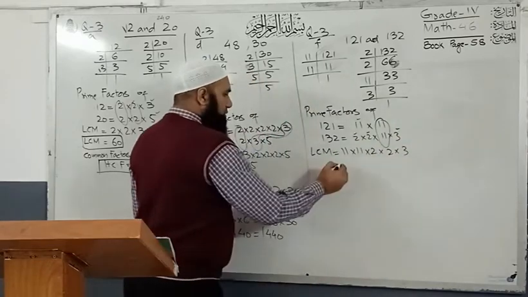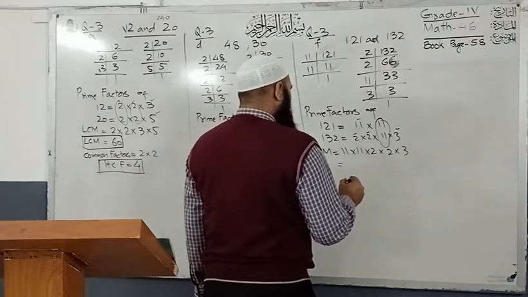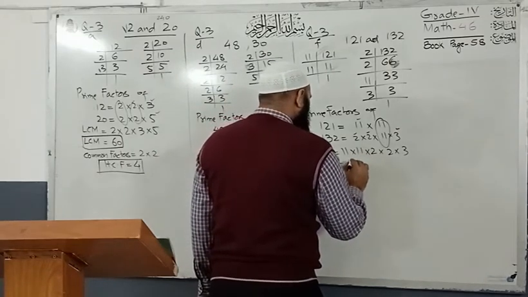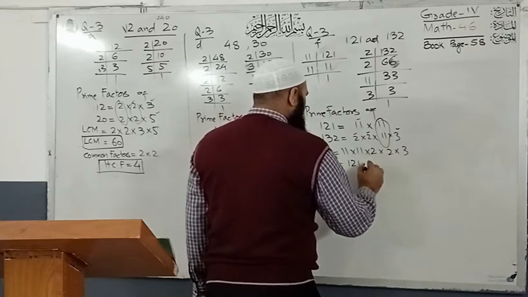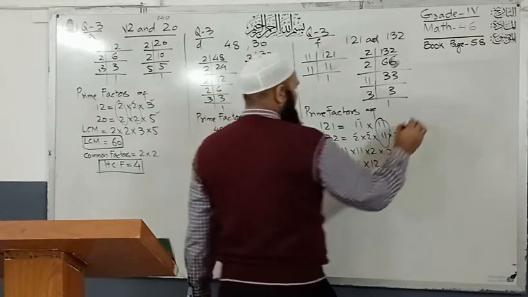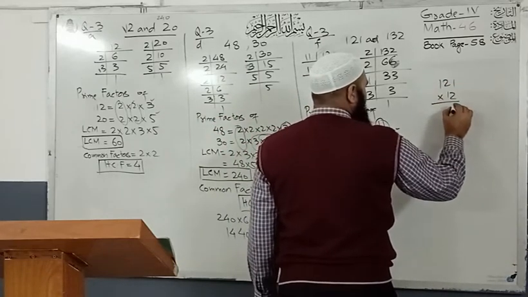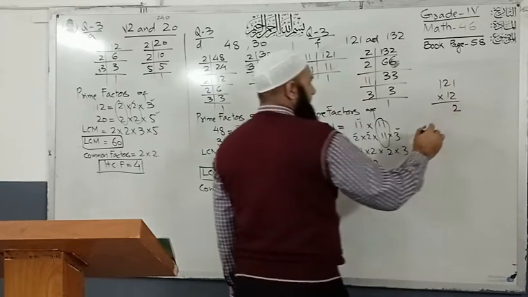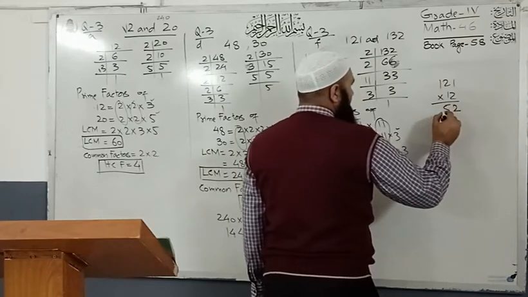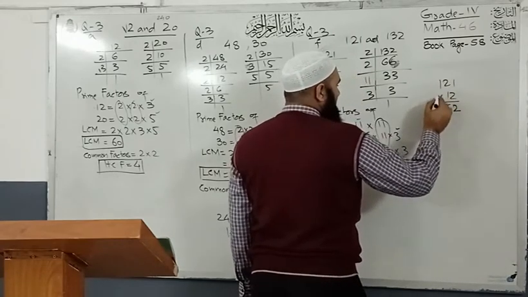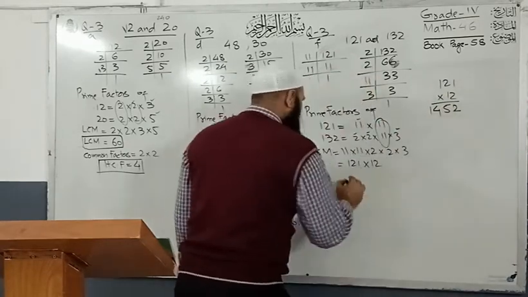So we got LCM is equal to 121 multiply 2 multiply 2, 4, 4 multiply 3, 12. Multiply this 121 multiply 12: 12 times 1 is 12, 2 written, 1 carry, 12 times 2 is 24 plus 1 carry 25, again 2 carry, 12 plus 2, it is 1452.